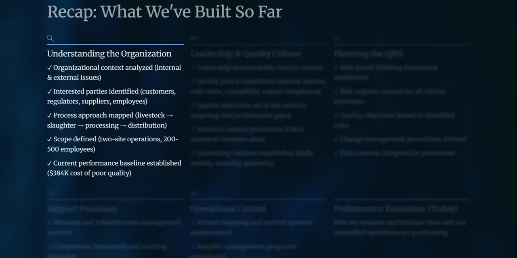We have mapped the process approach from livestock reception to slaughtering, processing, and distribution. Then we defined the scope covering two site operations and our 200 to 500 employees. And we established the current performance baseline, which is currently at 384,000 USD cost of poor quality.